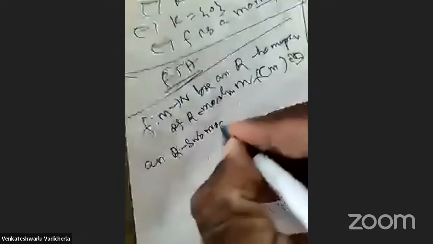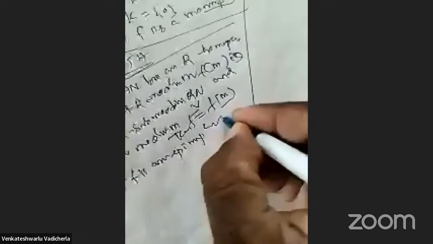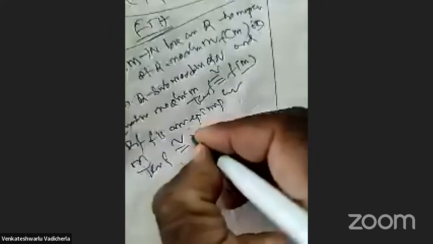Then f of capital M is an R submodule of N, and the quotient module M by kernel f is isomorphic to f of M. So if f is an epimorphism, then M by kernel f is isomorphic to capital N. For an epimorphism, the codomain is N.